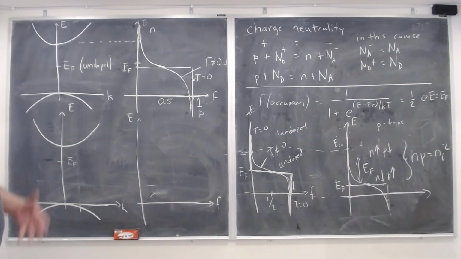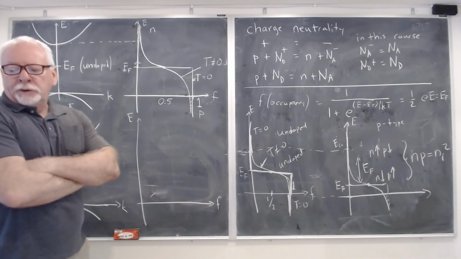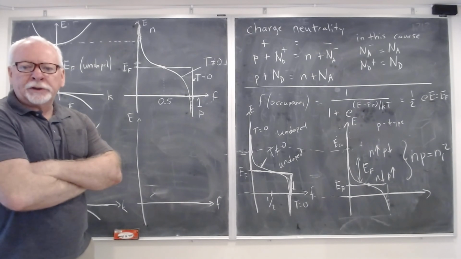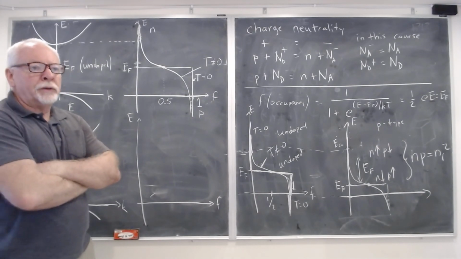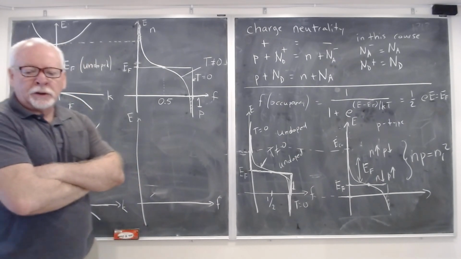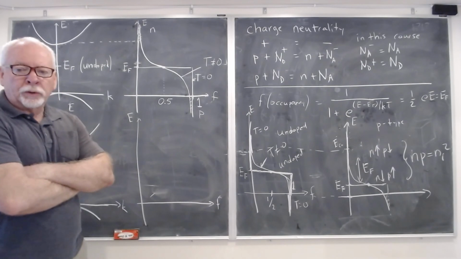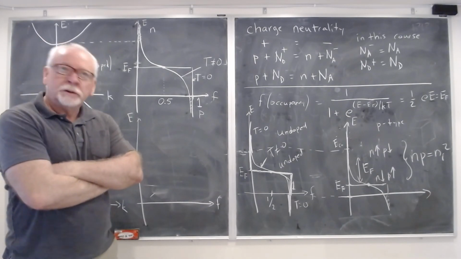Okay, let me say that a different way. When I dope a material N-type, what it means, sort of commonsensically, is that if I dope it with donors, I'm going to have more electrons and holes, right? Just sort of makes sense.